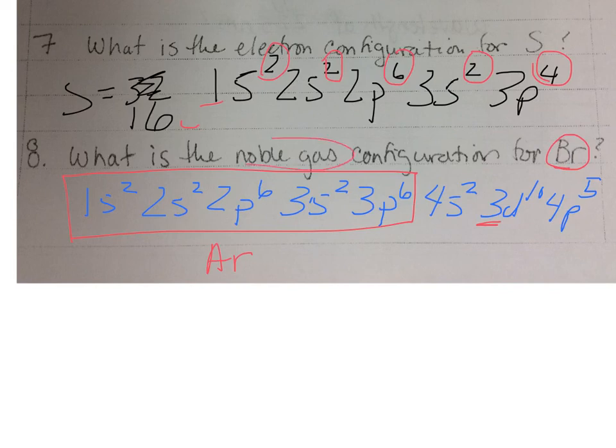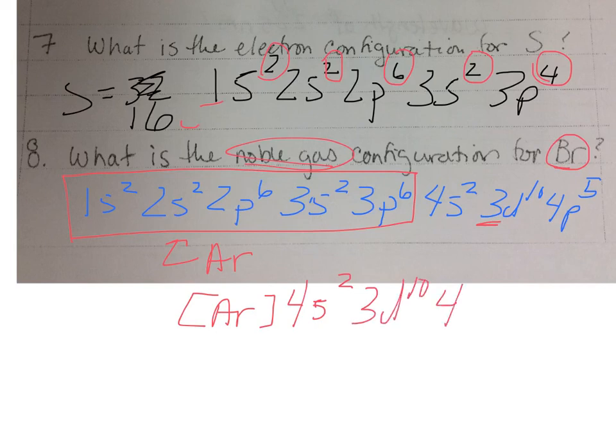So for the noble gas configuration, we would write argon. Instead of writing all of that, we can write argon, and then what comes after argon is 4s2, 3d10, and 4p5.